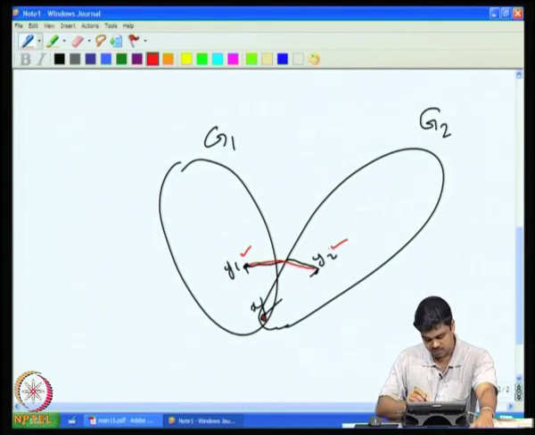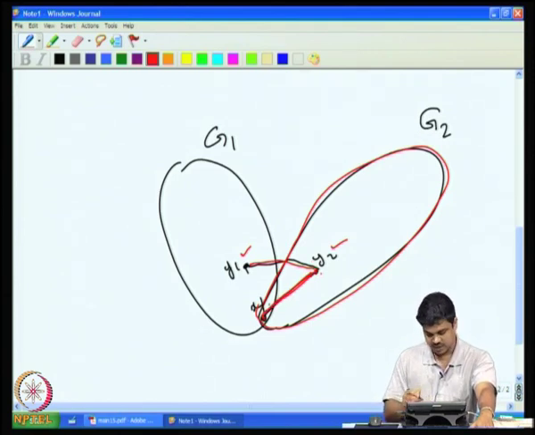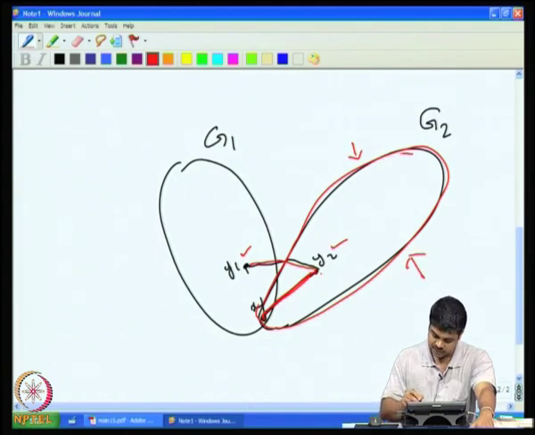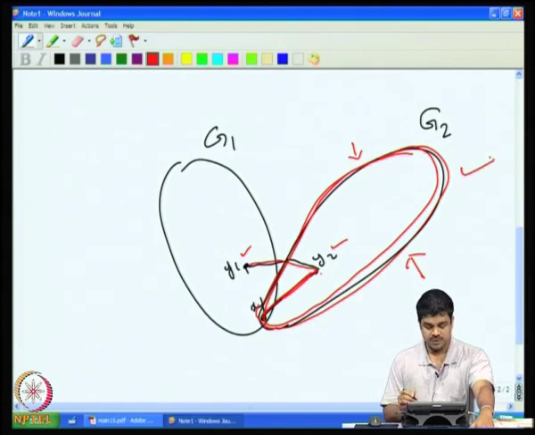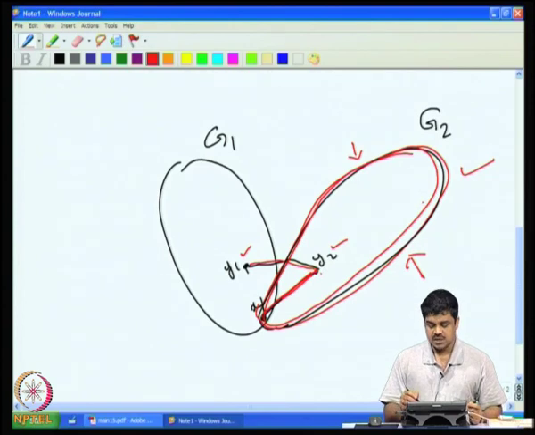Suppose y2 has a different color from x. Then you can consider this part, and if you put back this edge, it will not violate any condition because this and this have different colors. So, fewer than k colors will suffice for G2 also. That will be a contradiction because we assumed that this is K-constructible and requires at least k colors. This was the argument we did.